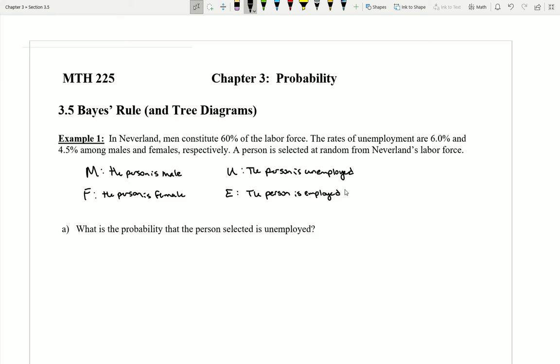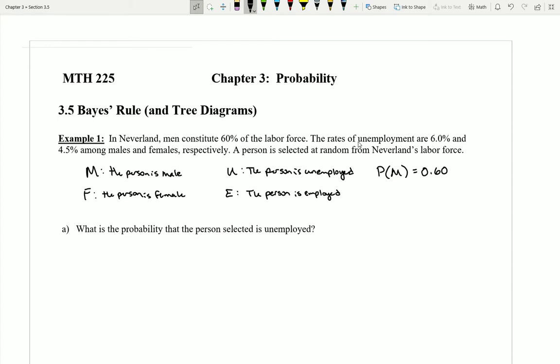Okay, so I have these different values here, and I've also been given some percentages in the question. I know immediately that the probability of M, the probability that the person that I select is a man, is 60%, because men constitute 60% of the workforce. I'm also told rates of unemployment, but I have to be careful here. The chances that someone is unemployed is 6% if they're a guy, 4.5% if they're a gal.